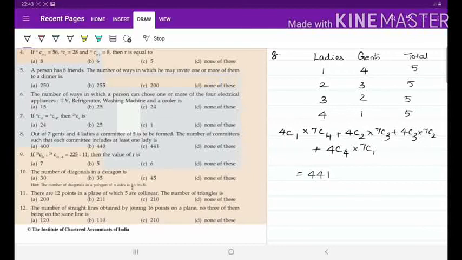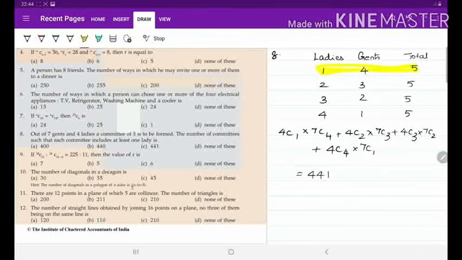Question number 8. Out of 7 gents and 4 ladies, a committee of 5 is to be formed. The number of committees such that each committee includes at least 1 lady is. Here we can form a committee using 1 lady and 4 gents, which gives a total of 5.